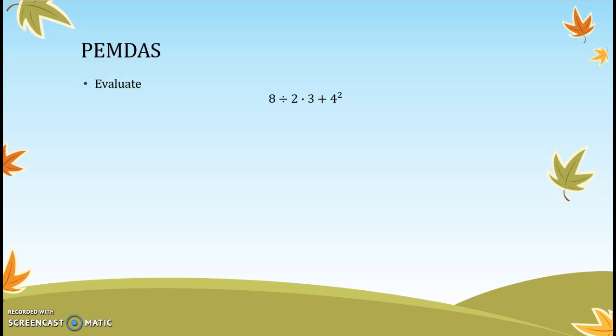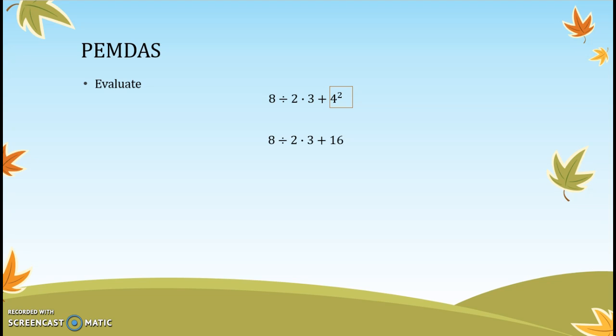Let's start with 8 divided by 2 times 3 plus 4 squared. I see that I have an exponent, so I'll start with that. Therefore, I'll write everything else and do one step at a time. 8 divided by 2 times 3 plus 16. Then I see I have division, multiplication, and addition.